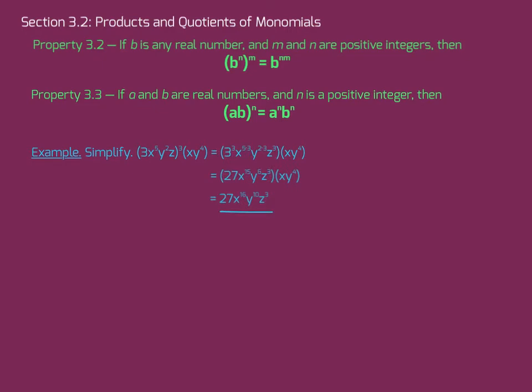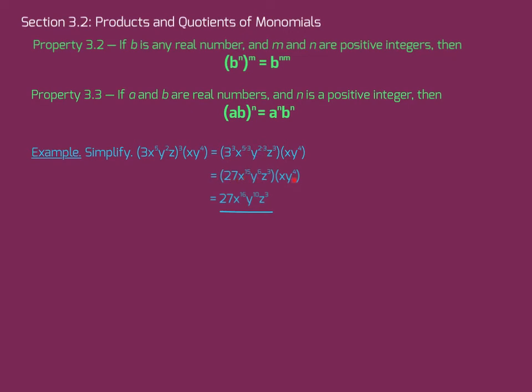So hopefully you got rid of that 3rd power, the cubing of this entire term, using property 3.3, where you can distribute that in because it's all multiplication. So I have 3 cubed, technically x to the 5th to the 3rd, which then using property 3.2 is x to the 5 times 3. Same thing here, I end up with y to the 2 times 3, and then z cubed.